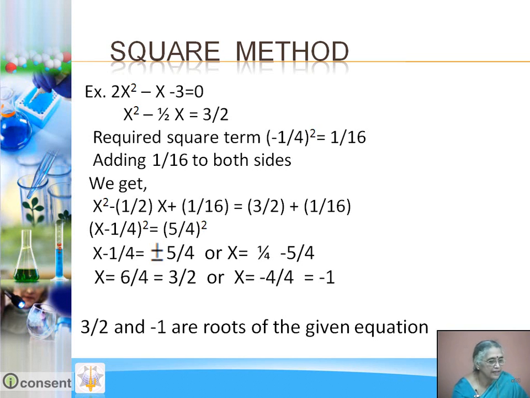Therefore, we can write x = 1/4 ± 5/4. Simplifying this, we can write x = 6/4, that is 3/2, or x = -4/4, that is -1. So 3/2 and -1 are roots of the given equation.